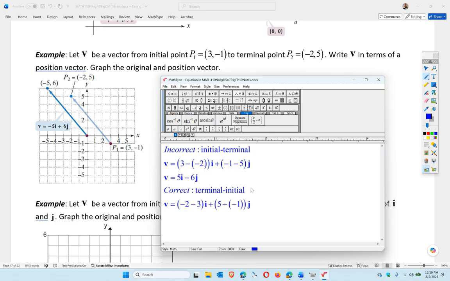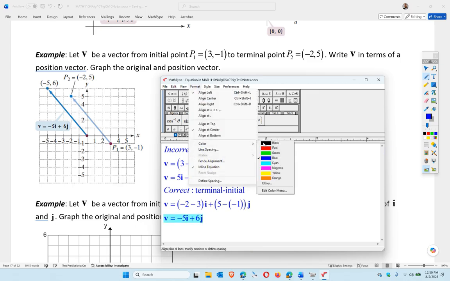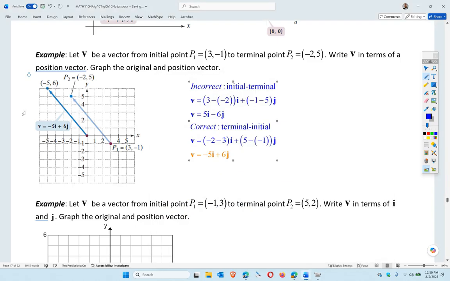That would be the correct way to do it. If I copy and paste, I'm going to get -5i plus 6j. And you notice this one matches up with what we have here, which is the actual correct position vector.